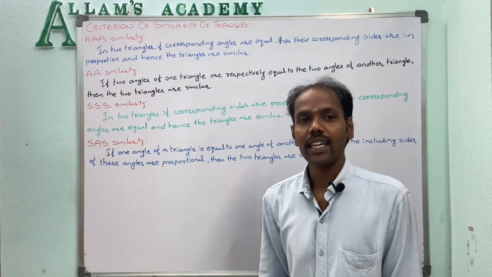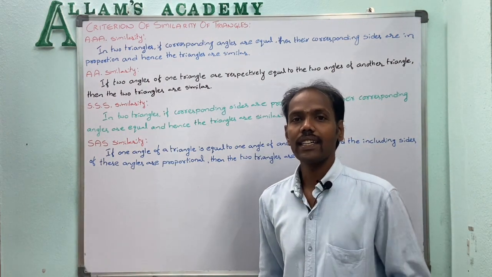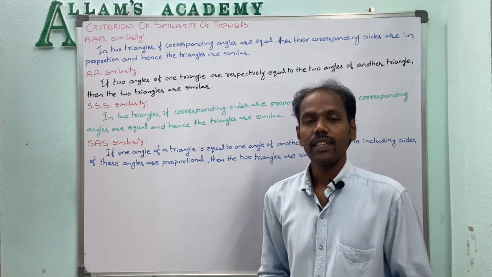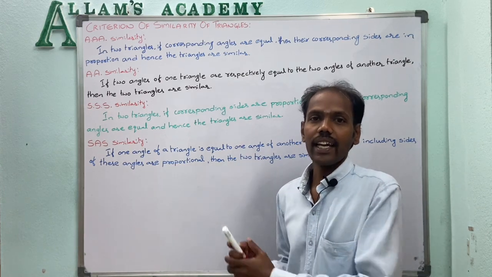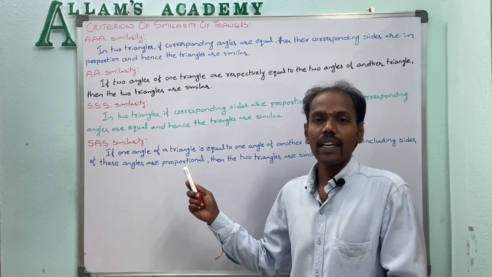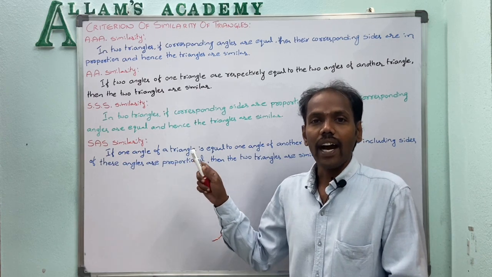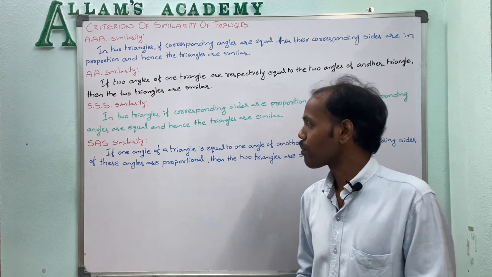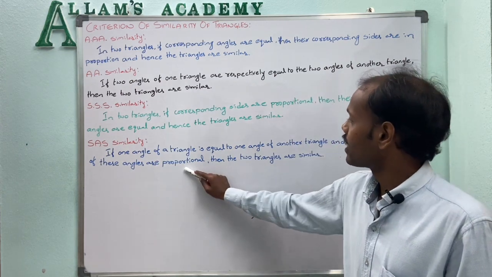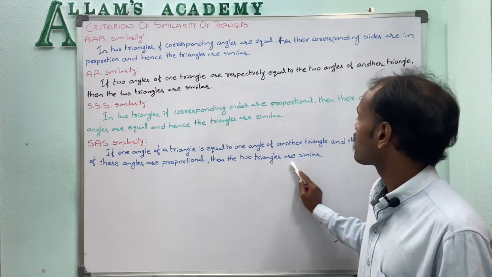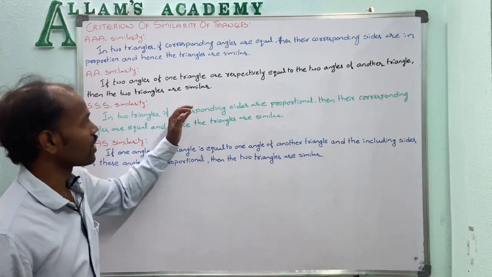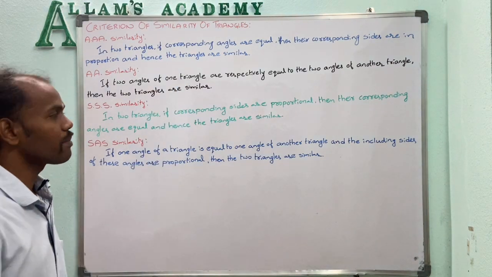In a triangle, take one angle and see which sides contain that angle. In another triangle, the corresponding angle and the sides containing it are proportional, then the two triangles are similar. These similarities we already studied in our previous classes.